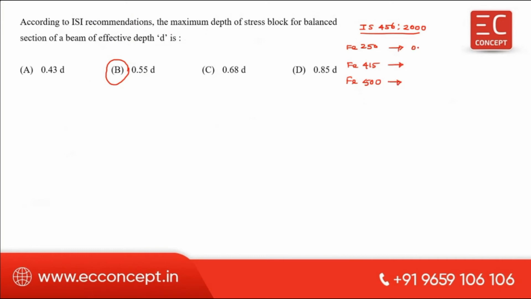This is 0.53D, 0.48D, 0.46D. So this is the thing. So answer for this question is this.